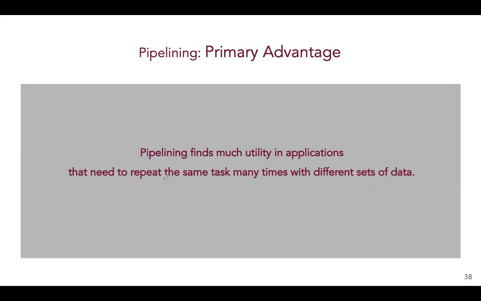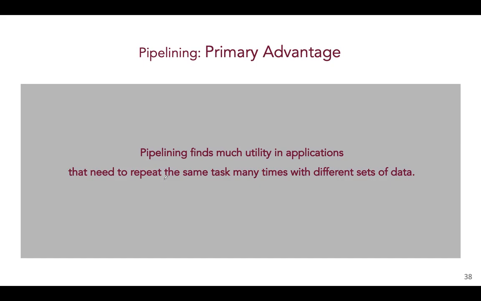So let's begin. First, with a statement of the primary advantage of pipelining. Pipelining finds much utility in applications that need to repeat the same task many times with different sets of data. And this is something we discussed in the previous video as well.